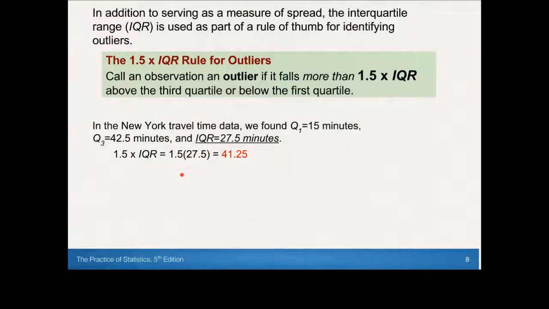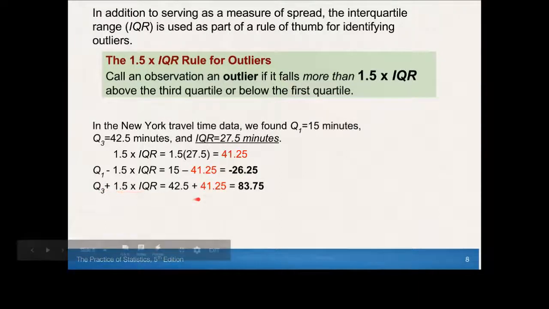So the first thing we do is we take quartile 1, in this case 15, and we subtract the 41.25 that we just found, and that gives us negative 26.25. Then we're going to add the 41.25 to the Q3, which we found to be 42.5.